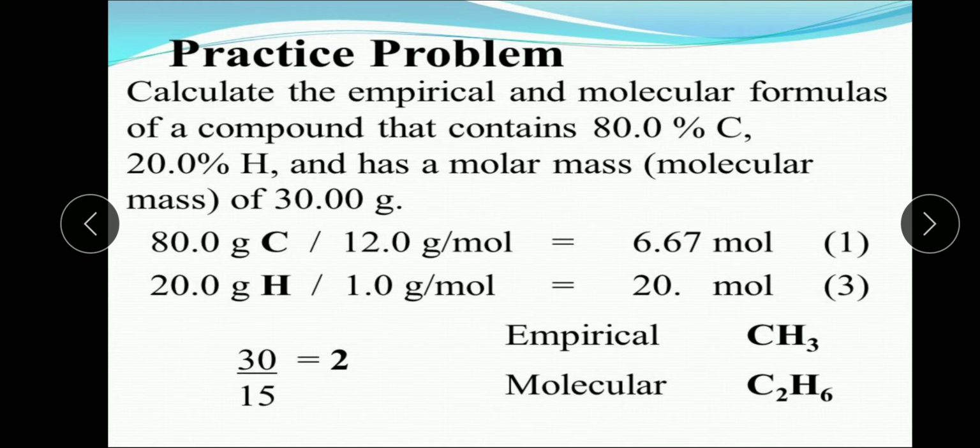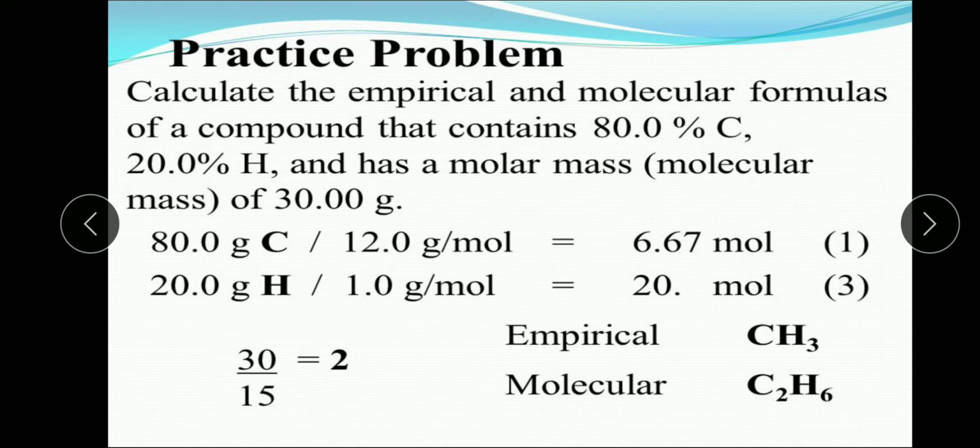First problem, very important. Calculate the empirical and molecular formulas of a compound that contains 80% carbon, 20% hydrogen and has a molar mass of 30 gram. Let us calculate. They gave 80% of carbon.